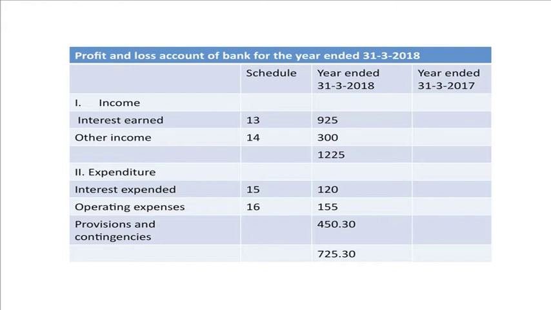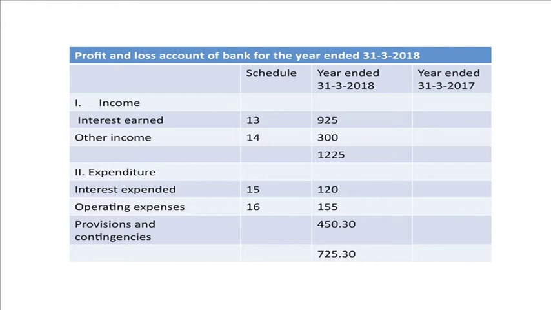Then we have provisions and contingencies. We have discussed it with our additional information that provision is being made on advances, on bills purchased and discounted, on cash credits, term loans, and we have aggregated them. It amounts to 450.30, we have placed it over here, and total of expenditure plus provision is 725.30.